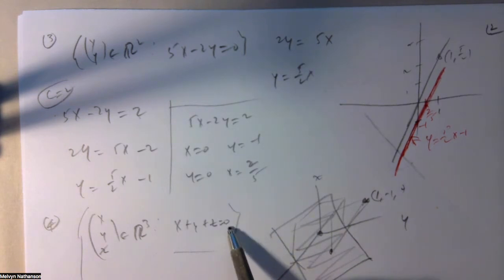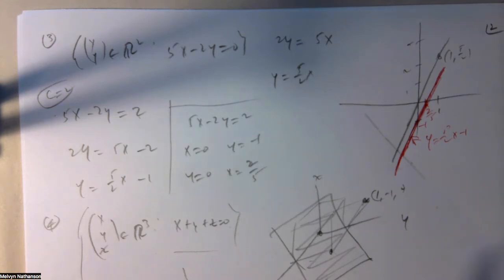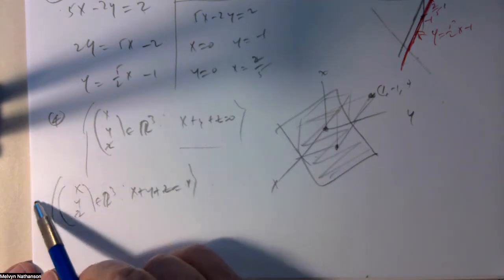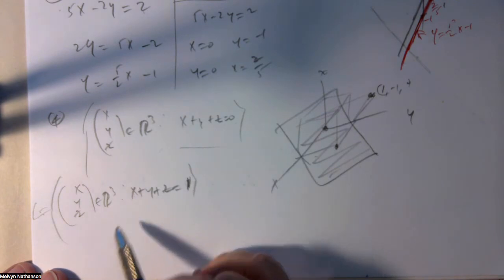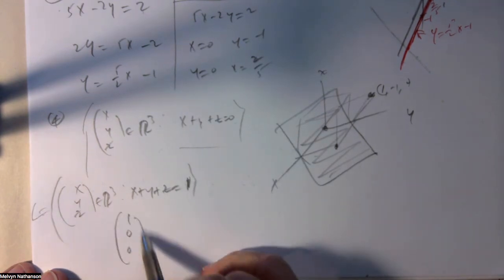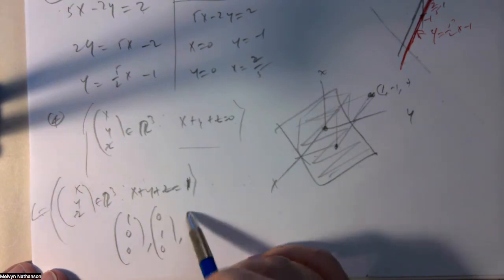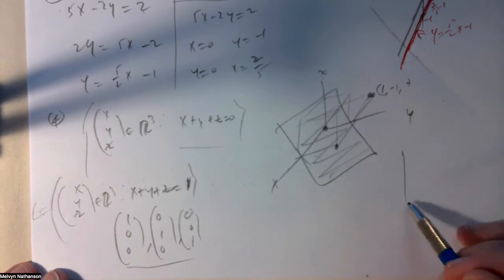It's actually easier if the right-hand side isn't 0. So if you look at the affine space of all x, y, z in R3, such that x plus y plus z equals 1, then you know certain points that satisfy this. For example, if we call this space L, x plus y plus z equals 1, you could have 1, 0, 0, 0, 1, 0, and 0, 0, 1. All 3 of these unit vectors satisfy this equation.